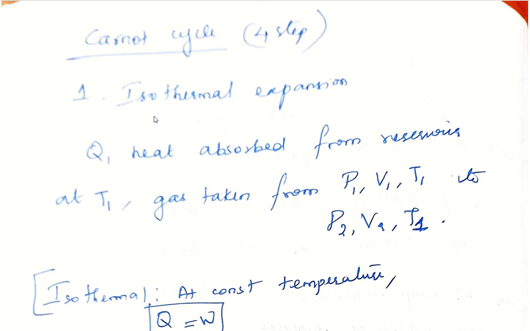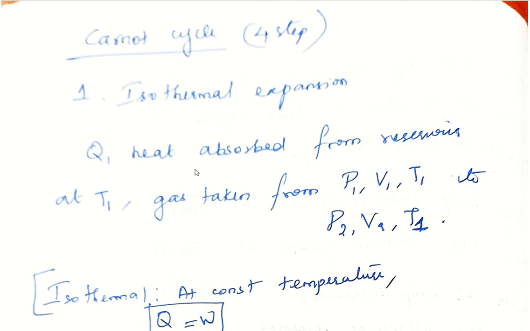First is the isothermal expansion. Here we know that in isothermal expansion the temperature is constant. An ideal gas is placed in a cylinder, and it is heated by a heat reservoir maintained at a temperature T1.